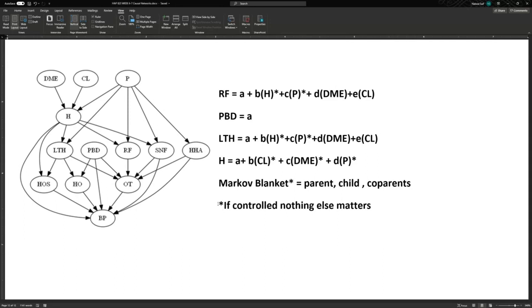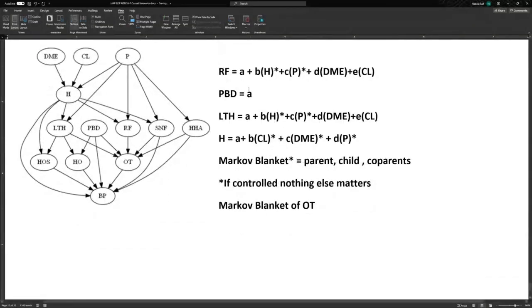Everything in the network is part of H. But let's look at the Markov blanket of OT. What's the Markov blanket of OT? For OT, are the parents only LTHP, like those five that are right above it? Yes, those are the parents. What are the children?